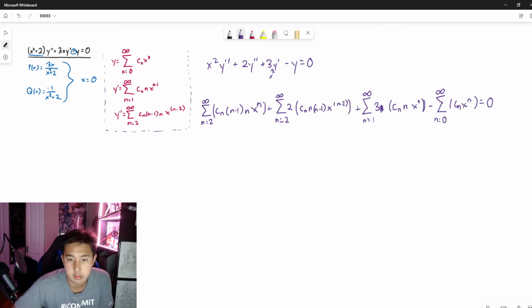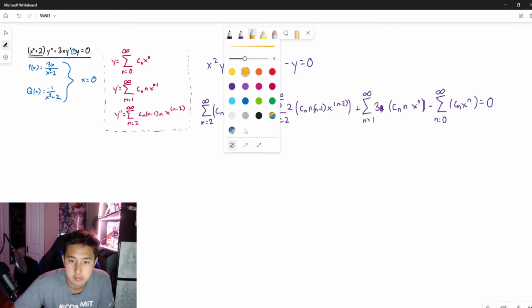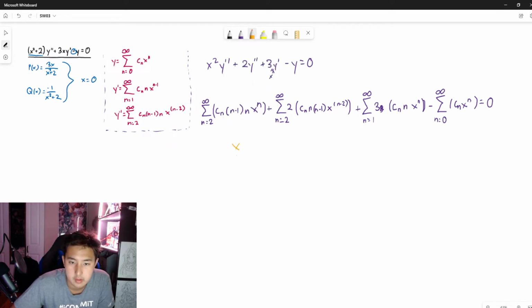If we plug in 2 here, we have 2 minus 2 is 0, so x to the 0. Here we have 1 plugged into n, so x to the first. And then we have, once again, x.